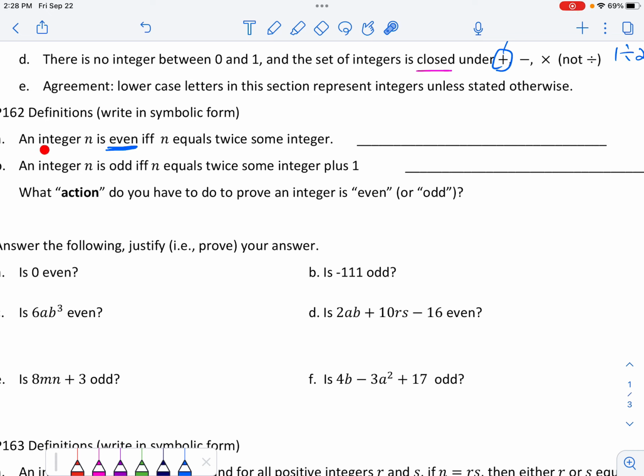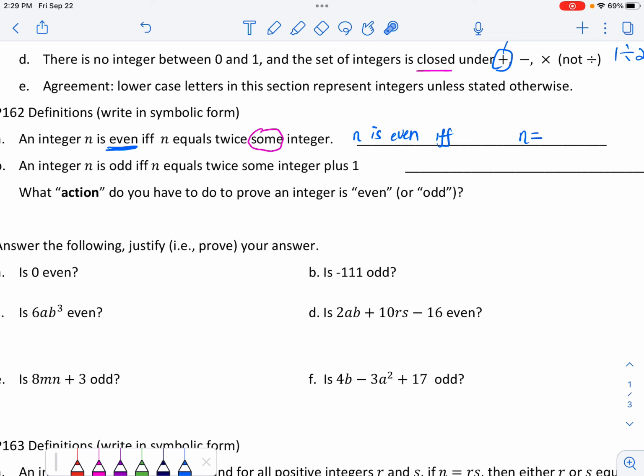Now, an integer n is even, so basically this is just saying n is even, if and only if n equals twice some integer. The keyword is some. That means for some integer, n is equal to twice that integer.